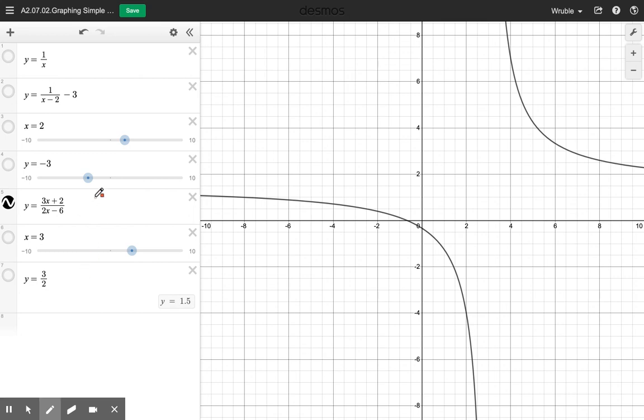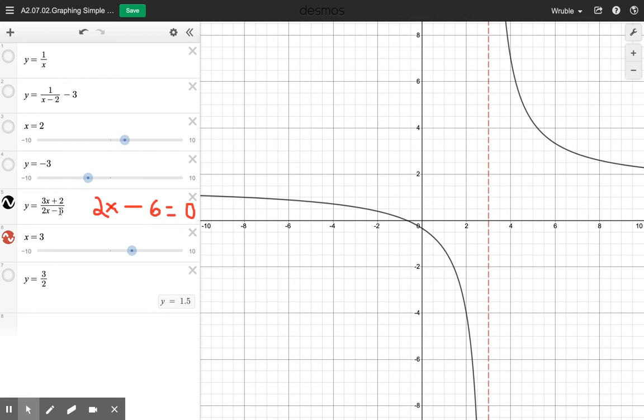So 2x minus 6 equals 0. The first thing you do is add 6 to both sides and divide by 2. Then you get x is equal to 3. So we see that vertical asymptote right there at x is equal to 3.